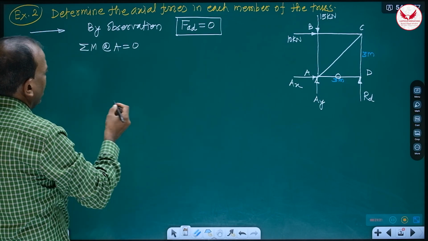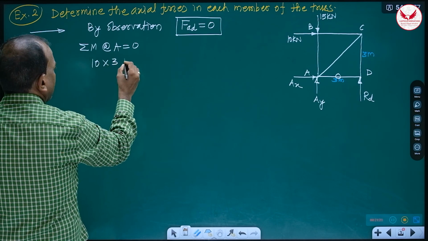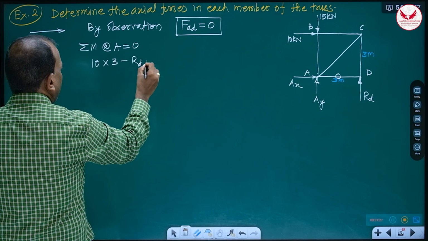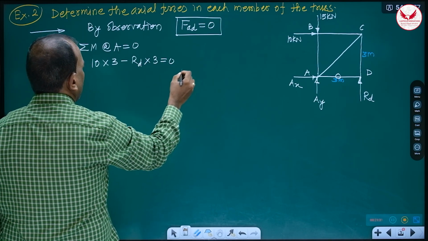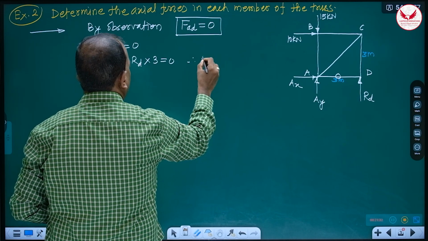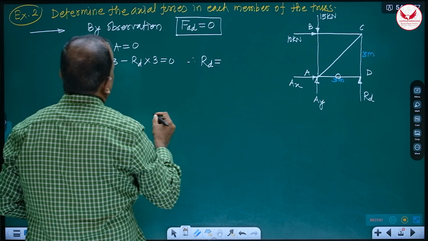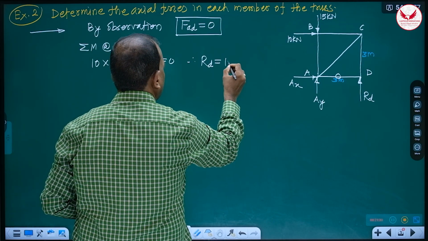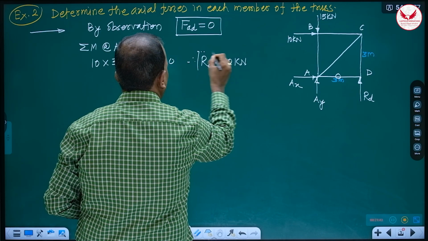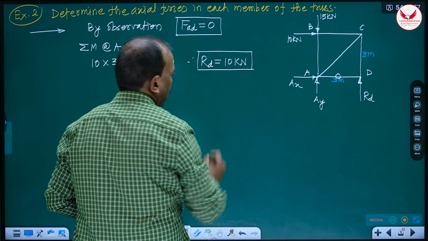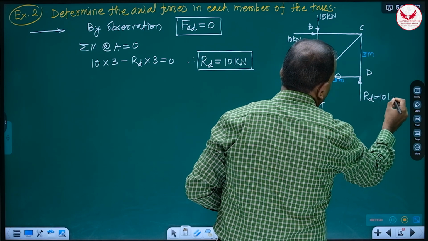So the moment of 10 kilonewton clockwise, 10 into 3, minus RD into again 3 anti-clockwise, is equal to 0. Hence, we'll get RD is equal to 10 kilonewton. So we got one reaction.